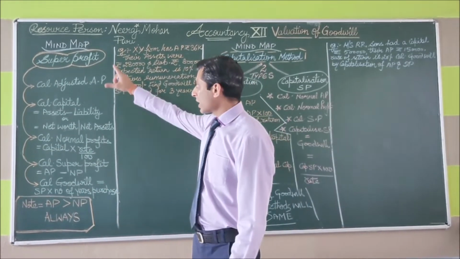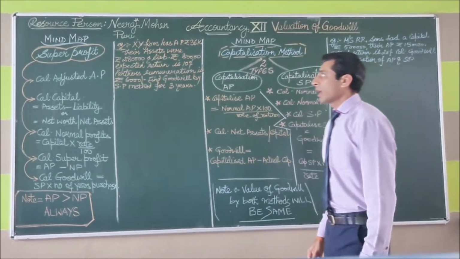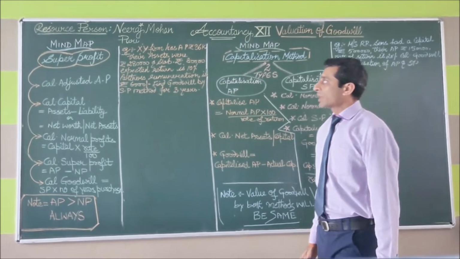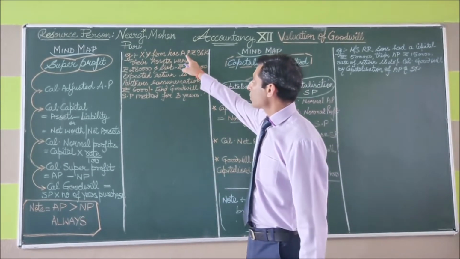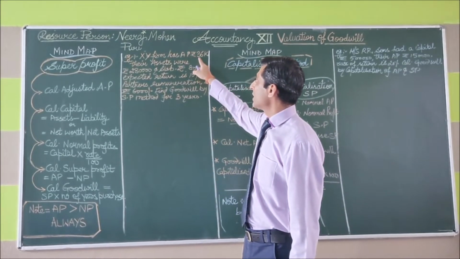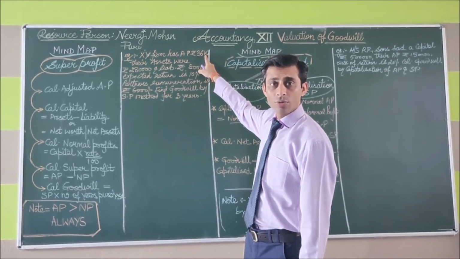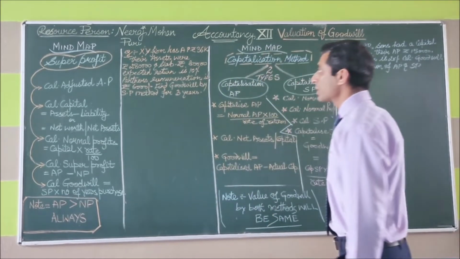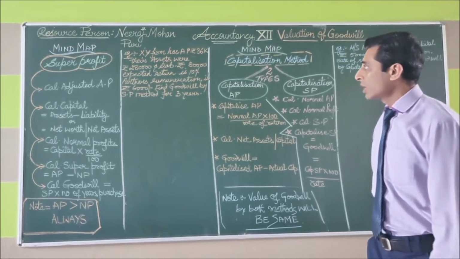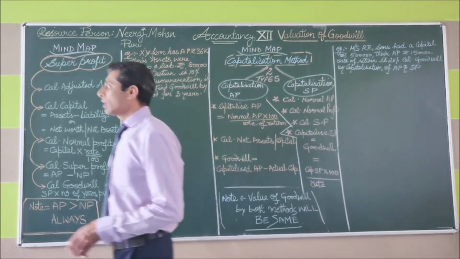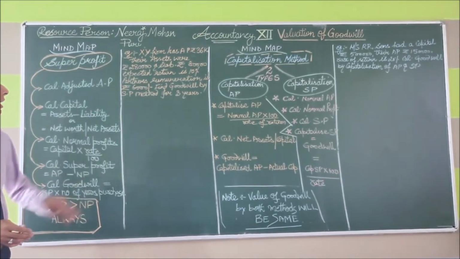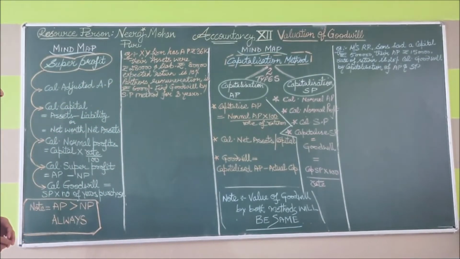Let us understand this with the help of an example. The example is here right on the board. XY firm has average profit of rupees 36k. K stands for 1000. So the average profit of the business is given as rupees 36,000. Their assets were rupees 2,80,000. Liabilities of the firm are rupees 80,000.